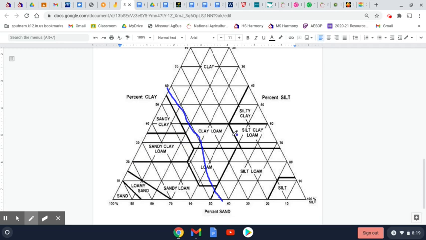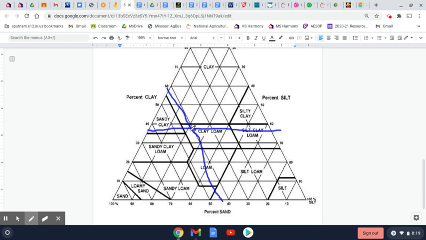And then clay, remember, works across at 37, so that would be about here. And then you have to look at where it would overlap over here on silt. And remember, they work at a diagonal for silt.